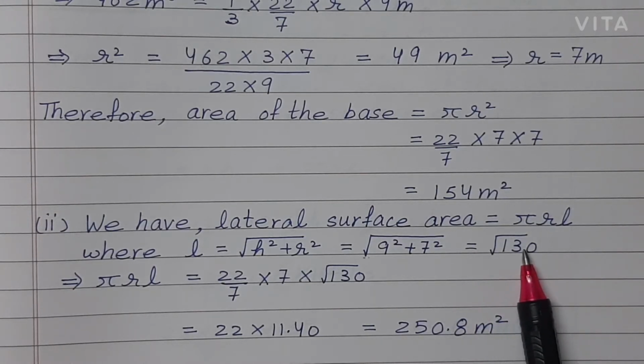Now students, we need to calculate the value of root 130 by the long division method. I hope you all remember. After solving this, we get the value as 11.4. So the answer is 250.8 meter square.